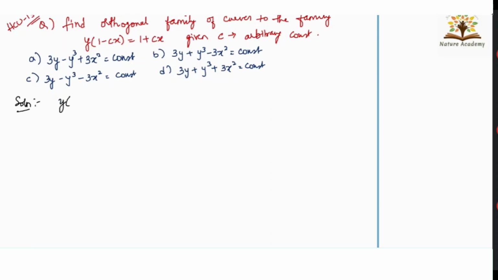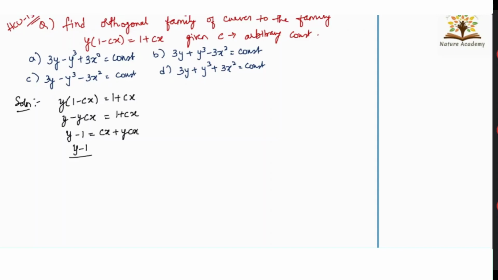So first what you do, you take the equation given, y(1 minus cx) equal to 1 plus cx, and try to remove c first. For that you split it: y minus ycx equal to 1 plus cx. Then you take 1 this side, and take ycx on the right hand side.